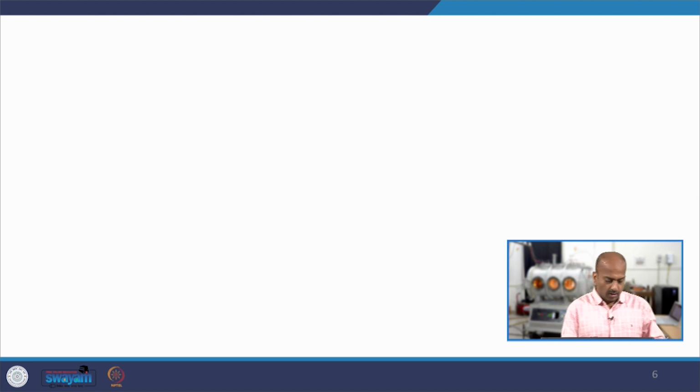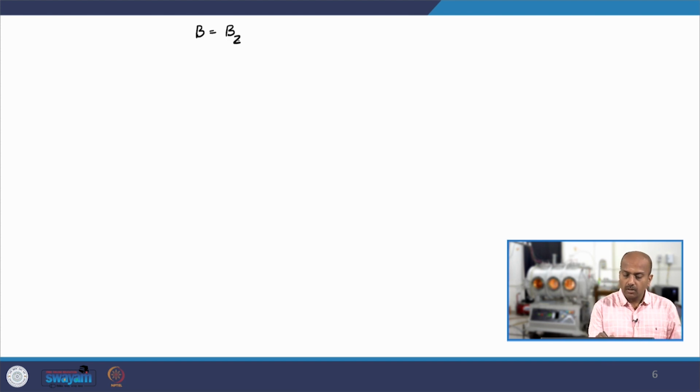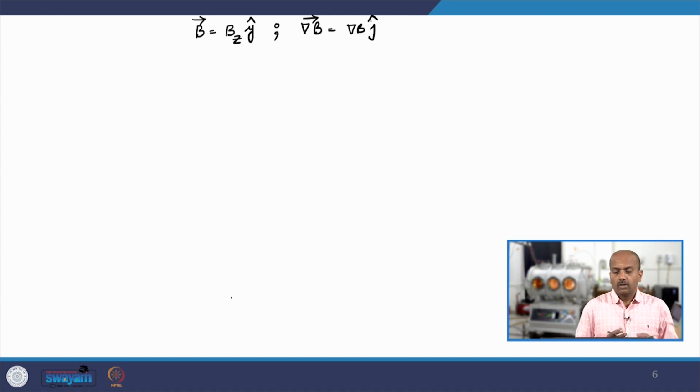So, let us see how we can include all this. Okay. So, we assume the magnetic field to be B_z along z cap, and the gradient of the magnetic field, let us say the magnitude is del B, is along j cap. All right. So, now as per the generalized drift, let us recall the generalized drift.